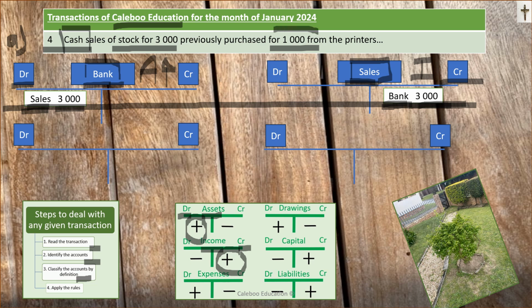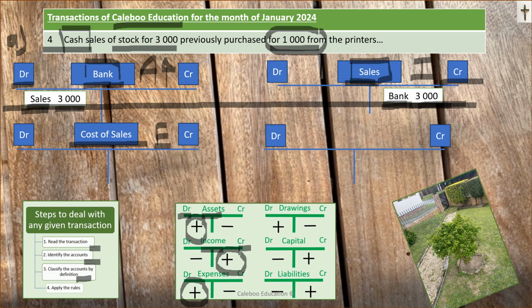And the cost here was the price we paid for the stock that we got from the printers. So we open up an account now called cost of sales. And cost of sales is an expense. The expense at the point of sale has increased.